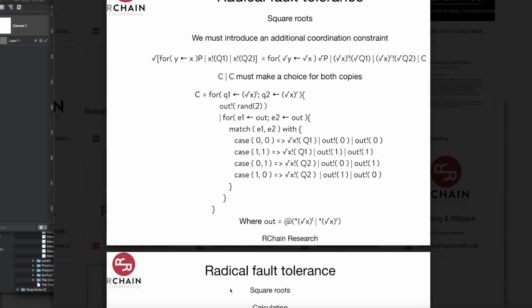But it still doesn't address what happens if you have a malicious validator. Malicious validation is another attack vector that has to be dealt with seriously.